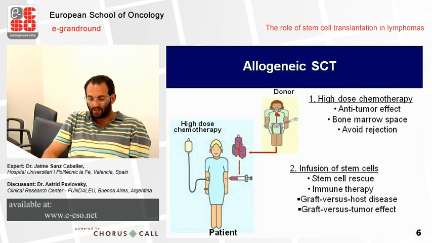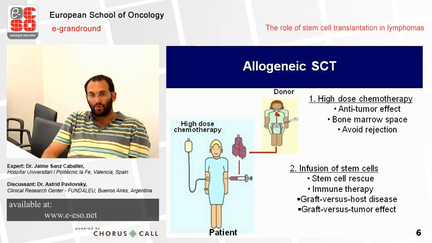These new peripheral cells include the cells from the immune system that can recognize the tissues from the recipient as foreign and induce graft versus host disease. This is one of the major limitations of allogeneic stem cell transplant.